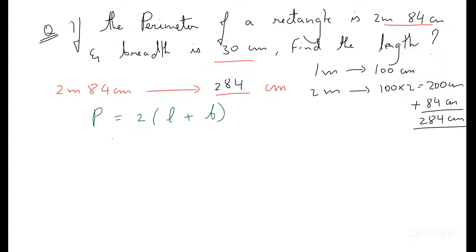Let's do and check it out. P is 284 equals to 2 into length. Do we know the length? No, we don't know the length. So L as it is, plus B is 30.